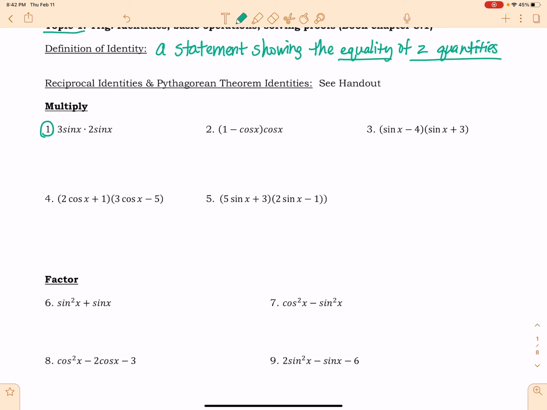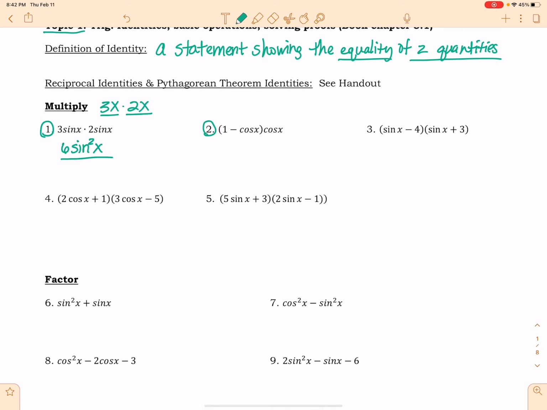Now, if you'll think about the way multiplication works, if we were going to multiply 3x and 2x, we would get 6x squared. So something similar is going to happen here. We're going to have 6, but rather than having sine x squared, it's going to be sine squared x. Sine x squared is something different altogether, and we will not be exploring that in this particular course. So 6 sine squared x is how we write that.